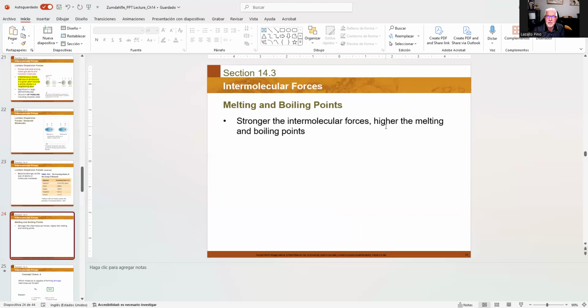And the same thing, that's why stronger intermolecular forces like hydrogen bonds present higher melting and boiling points.